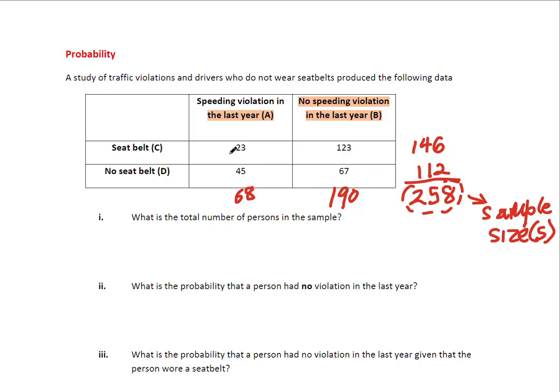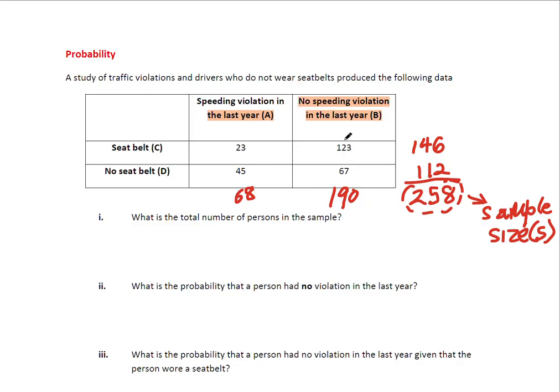Let's look at the scores within the table, which represent the intersection of two variables. This 23 here represents 23 persons who wore seatbelts and had a speeding violation in the last year. So that's helping us to understand the table comprehensively. This 45 represents the number of persons who did not wear seatbelts and had a speeding violation in the last year.